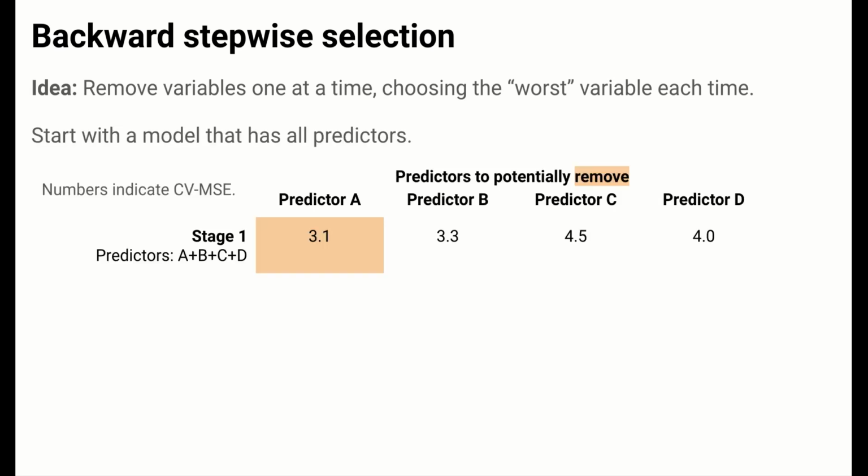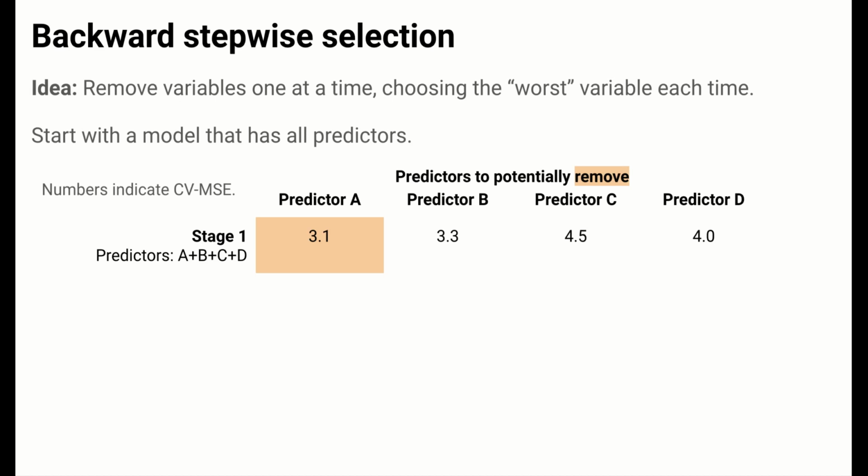We start with a full model that has all predictors, and in the first stage, we consider removing each one of the 4 predictors. Removing either B, C, or D results in a high cross-validated mean squared error, suggesting that they are useful predictors because error goes up a lot when they are removed from the model. On the other hand, removing A results in the lowest cross-validated mean squared error, suggesting that it is the weakest predictor of the 4.